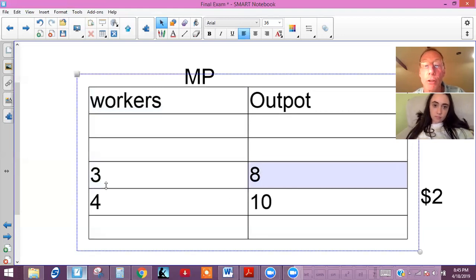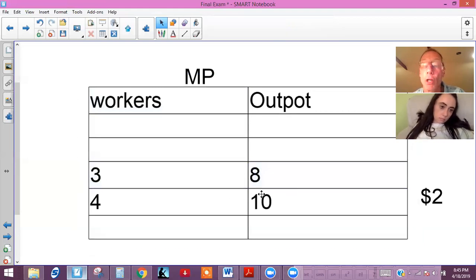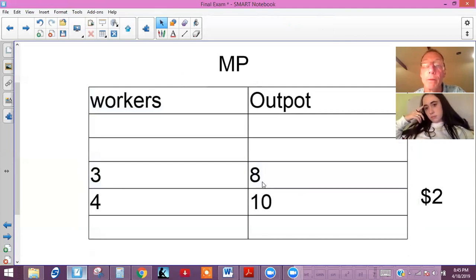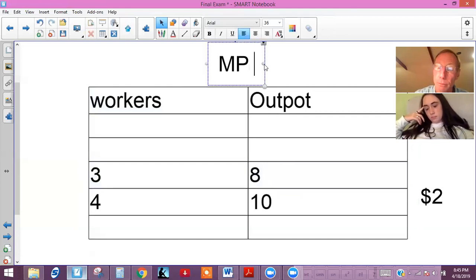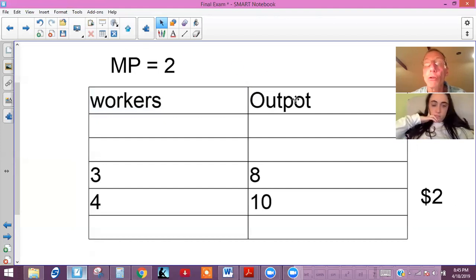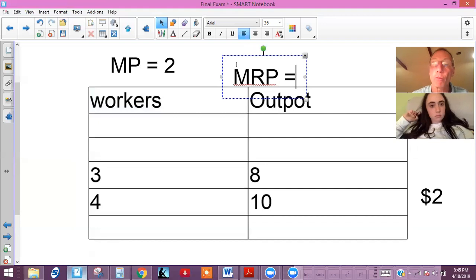So this is total output, right? So the marginal product right here is going to be what? 2. So if this worker is producing 2 at a price of $2, what's the marginal revenue product of that worker?